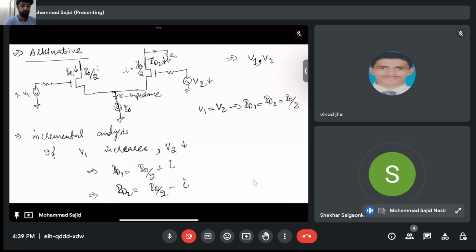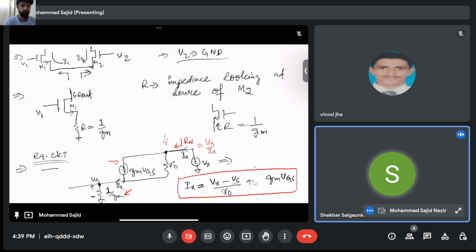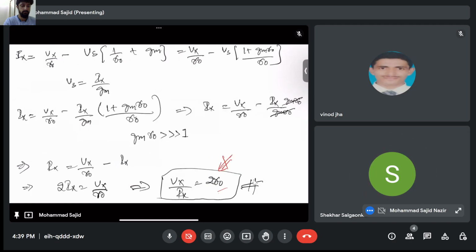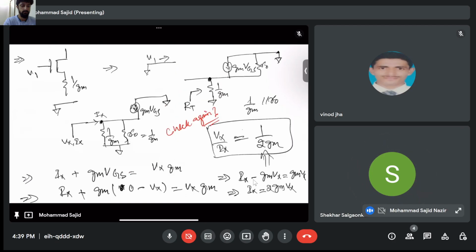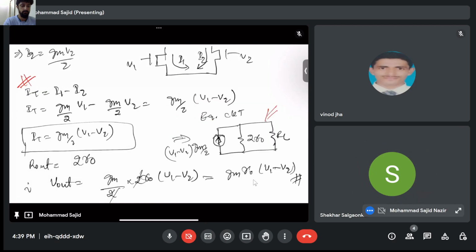I calculated R out using the test source, and you will see that it comes out to be 2 times R naught. So that is the idea. This is the final Norton equivalent circuit. You get a current of Gm by 2 times V1 minus V2 in parallel with 2 times R naught.